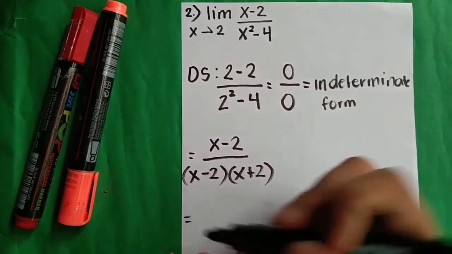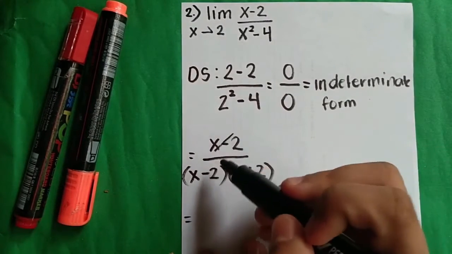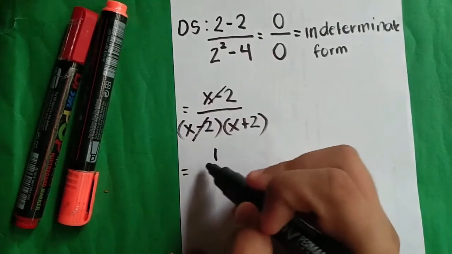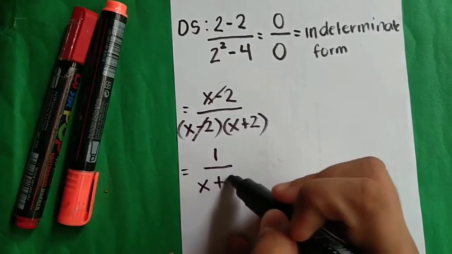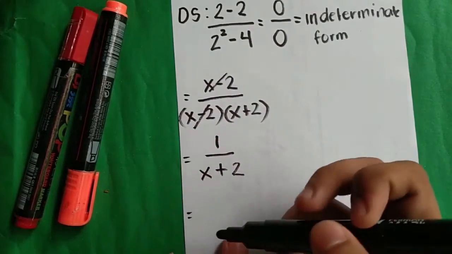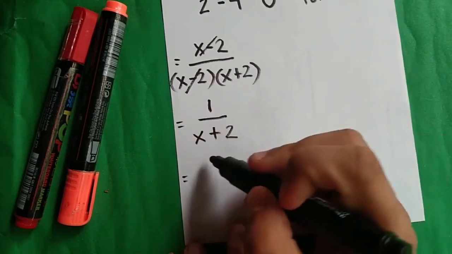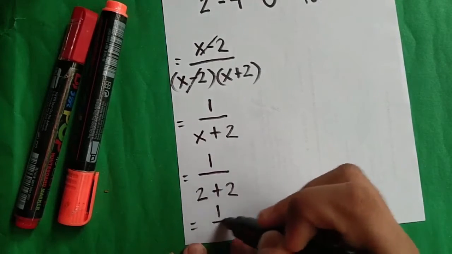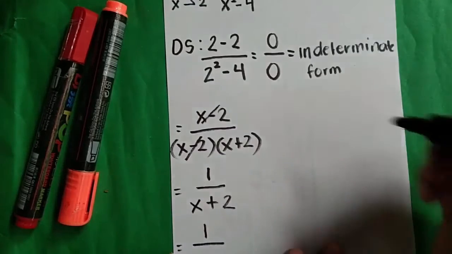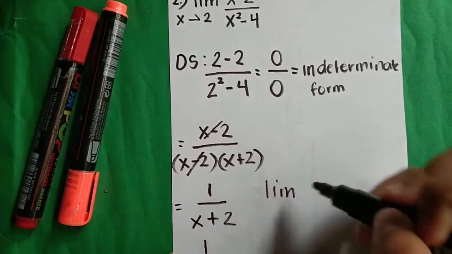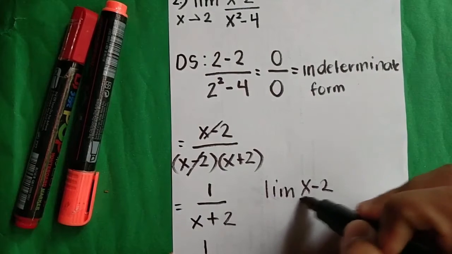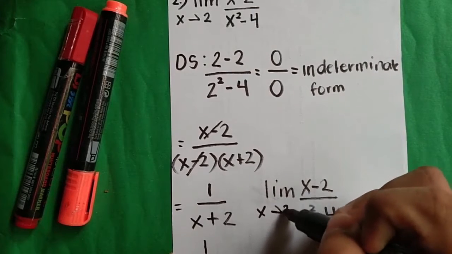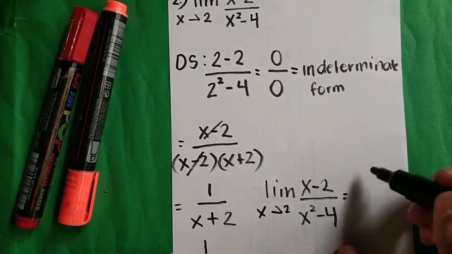In this case, we can cancel out x minus 2, and this will become 1 over x plus 2. Now, we can substitute the value of x: 1 over 2 plus 2 equals 1 over 4. So in this case, the limit of x minus 2 over x squared minus 4 as x approaches 2 is equal to 1 over 4.